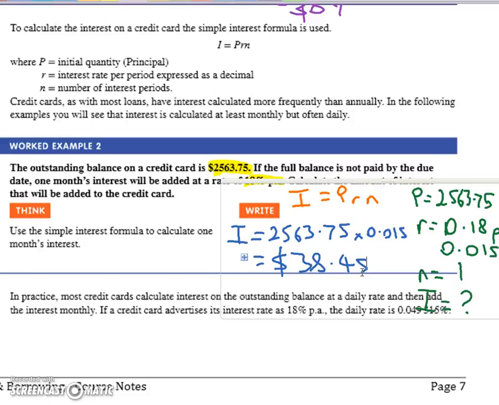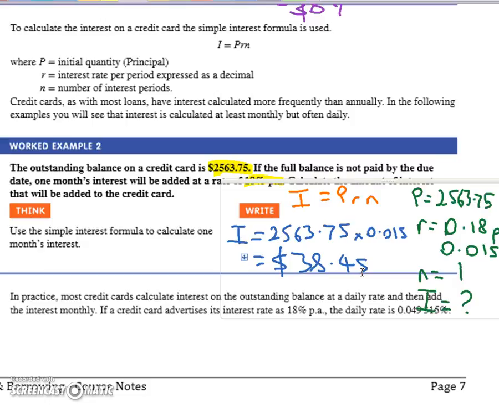So what's happened to your balance? 38.45 is what you're getting charged in interest. Imogen just did the 1.5% and it came out as $38.45.